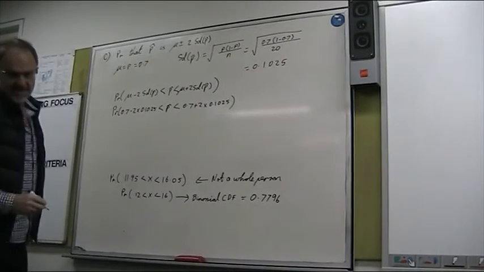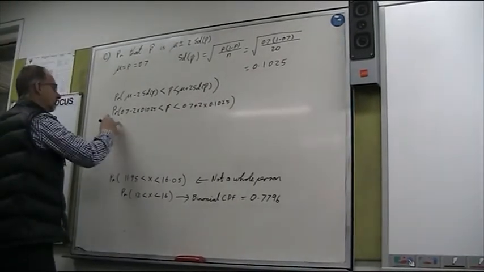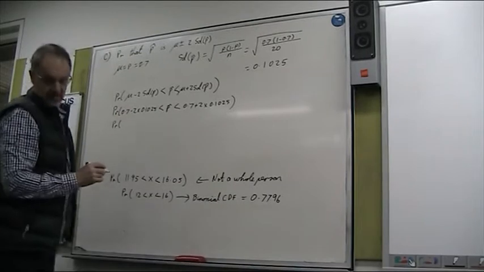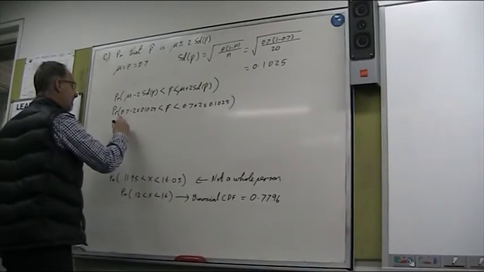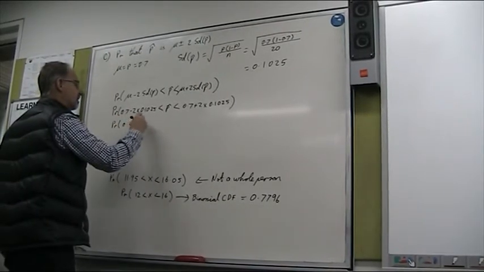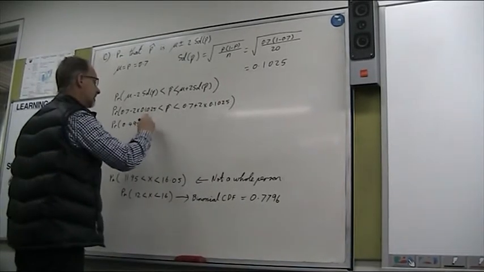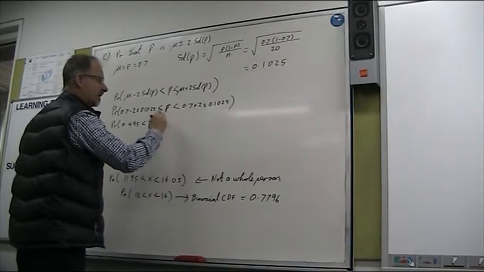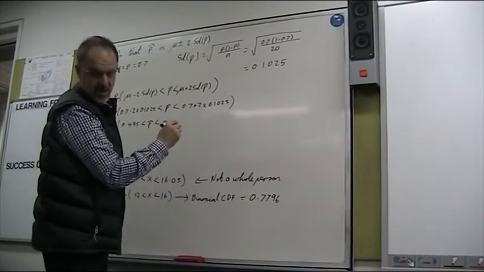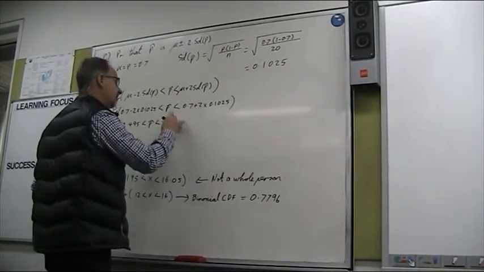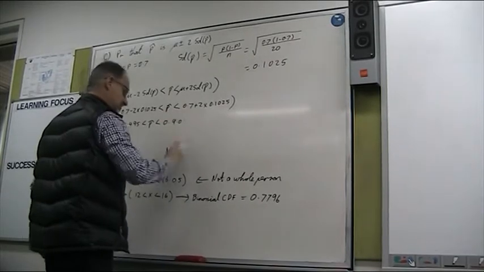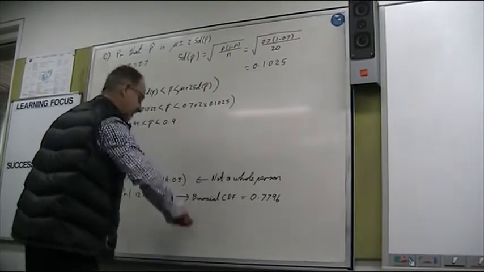Which when you work that out comes to 0.495 and 0.905. Oops, too many decimal points.